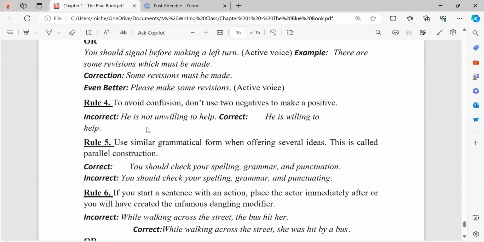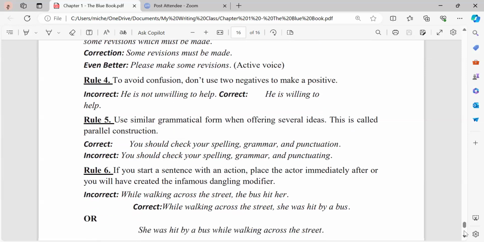If it's a negative form, you can just say he is unwilling to help instead of not unwilling to help. It sounds confusing because people may think that it is a negative from the word not, but then it says unwilling. So the correct one: he is willing to help. We can just remove the word not and use willing instead of unwilling to make a positive sentence instead of using a negative like this one right here.